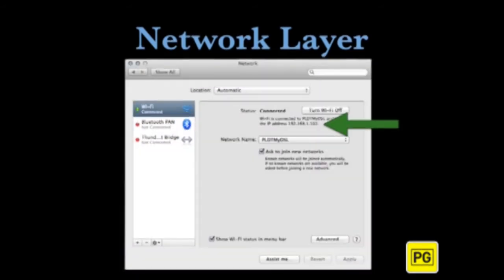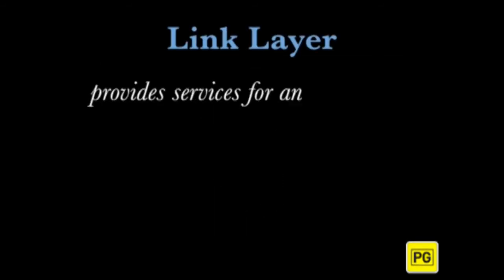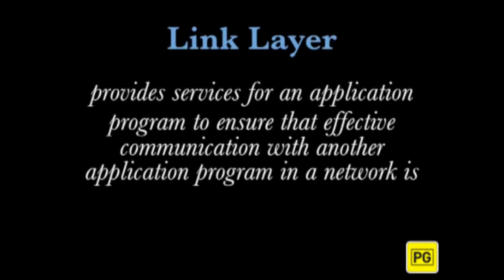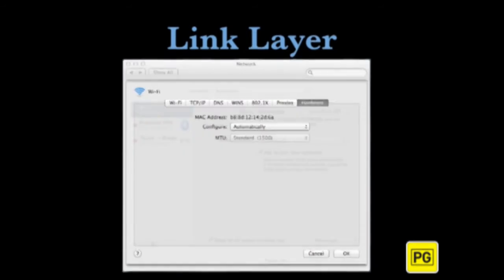What you're seeing right now is the IP address. This is tantamount to your home address, which basically gives the source a destination for a certain data or connection. What you're seeing right now is the MAC address of a certain computer.